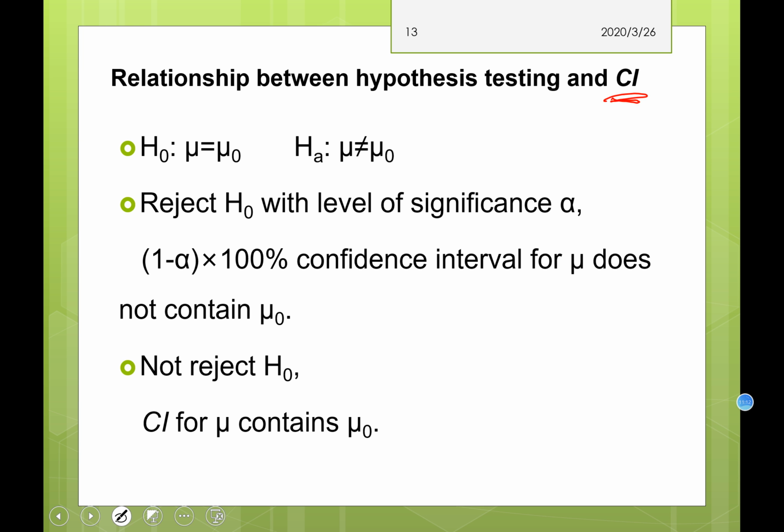In confidence interval, we can know the range of mu at some specific probability. But in hypothesis testing, we can know the probability to reject or not reject H0. So there is something different between these two methods.